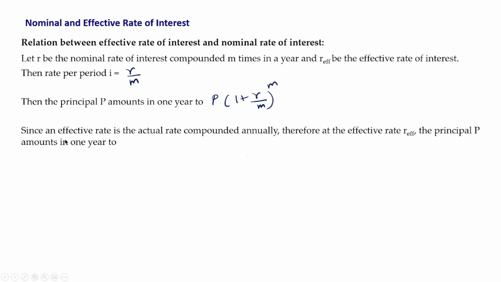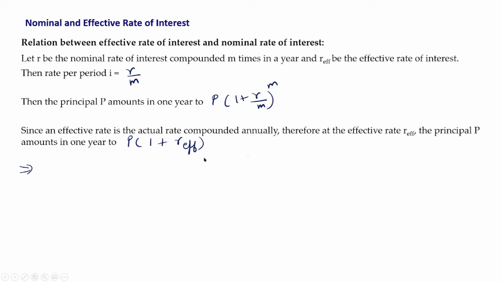And the effective rate is the actual rate which is compounded annually. Therefore, at effective rate R_eff, the principal P amounts in 1 year to P into (1 + R_eff).